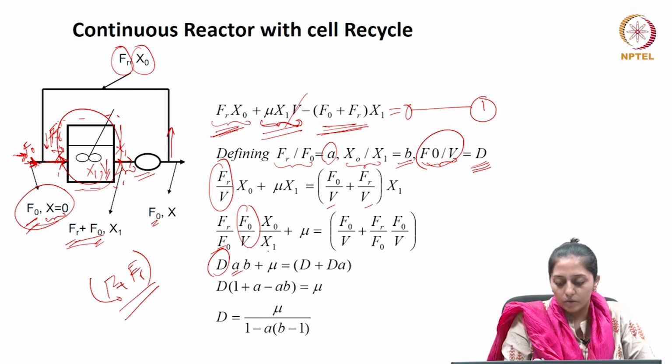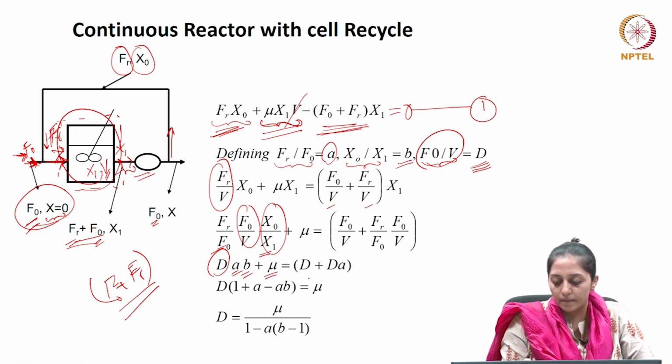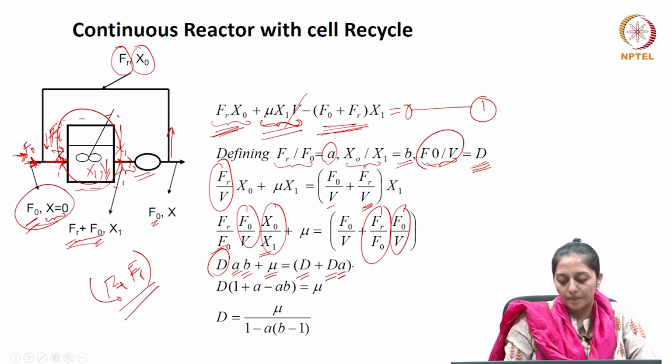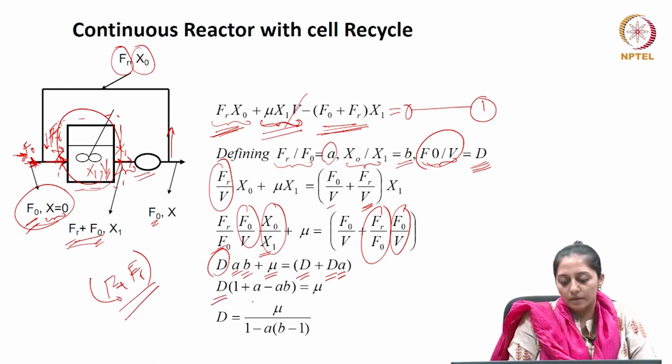So, this fraction is then represented as B, and x1 gets cancelled, so only mu remains in the second term, and on the RHS, F0 by V has been given as D. And again in the second term, Fr by V, F0 has been multiplied and divided, so F0 by V has been represented as D, and Fr by F0 has been represented as A. Now again D has been taken common.